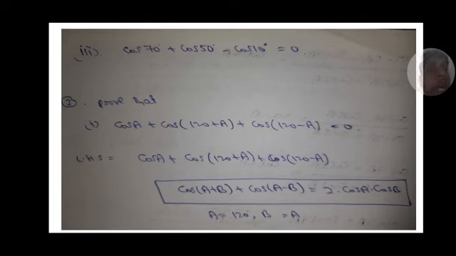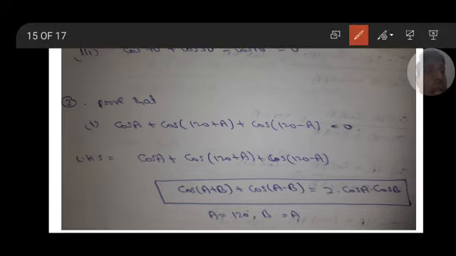Okay, next. Third bit, prove that cos A plus cos 120 plus A plus cos 120 minus A equal to 0. Sum of three terms are given, it becomes 0. We have to prove that.